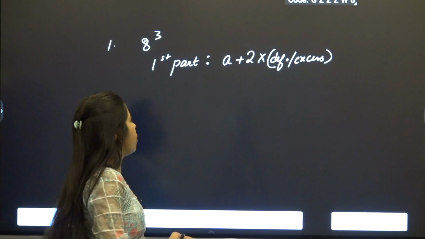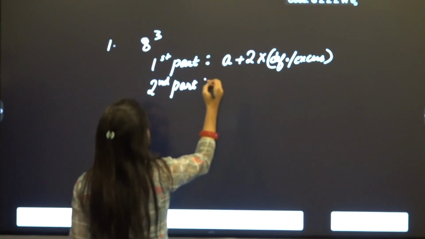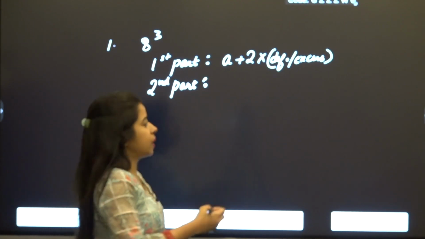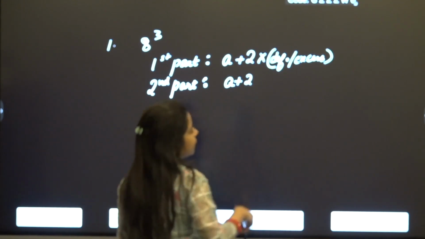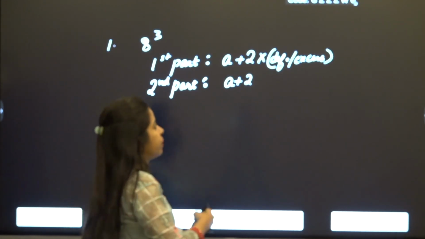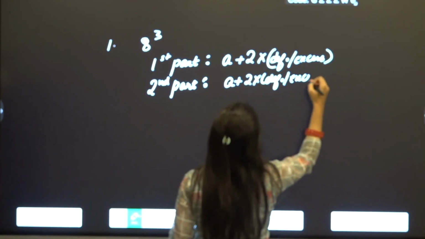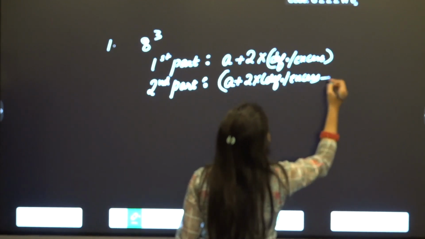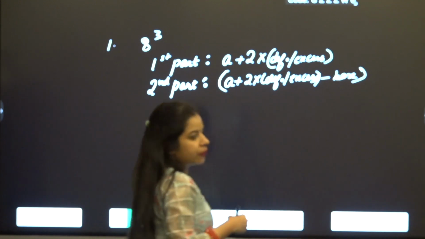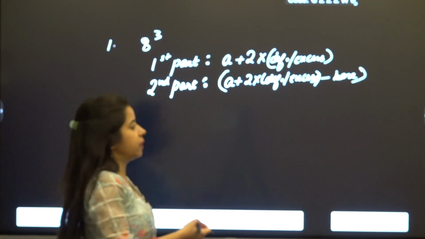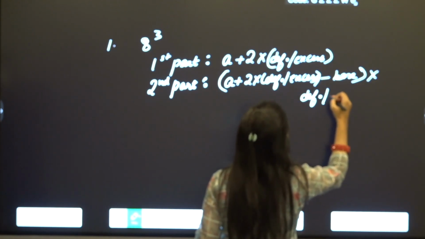For the second part, take the number and twice the deficiency or excess minus the base, and then the number obtained we are going to multiply by the deficiency or excess.